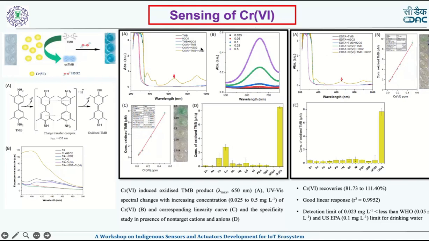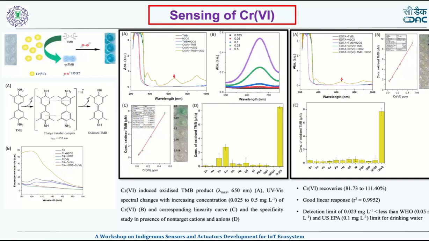EDTA is a chelating agent which can specifically bind cations, like iron and copper. Whereas chromium is present in an anionic state, so EDTA will not chelate the chromium.